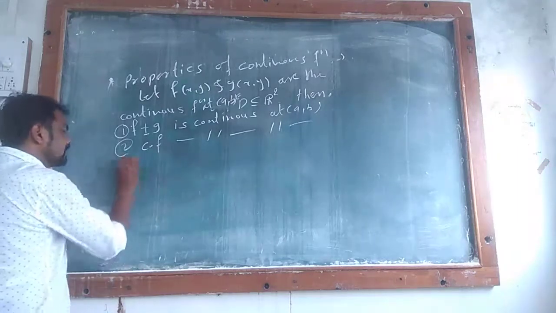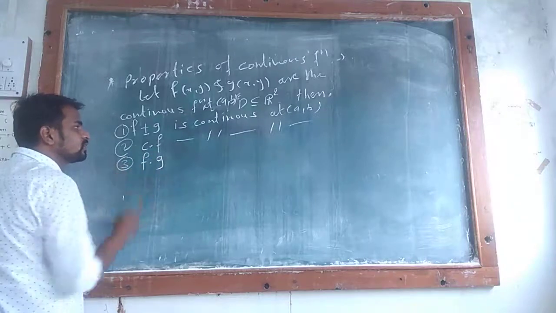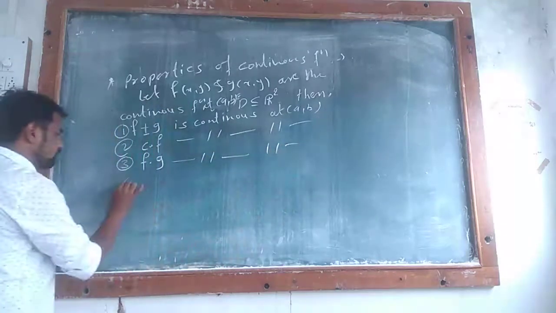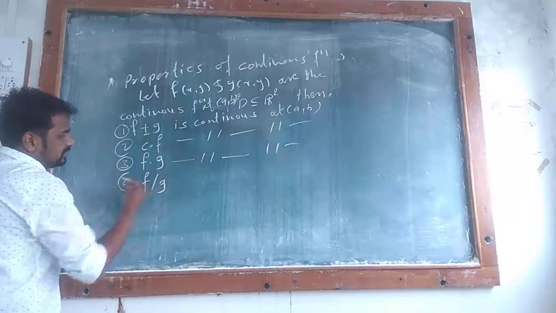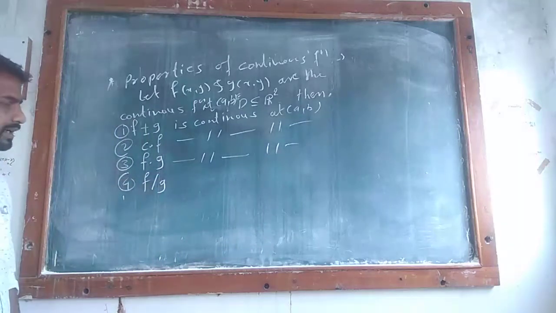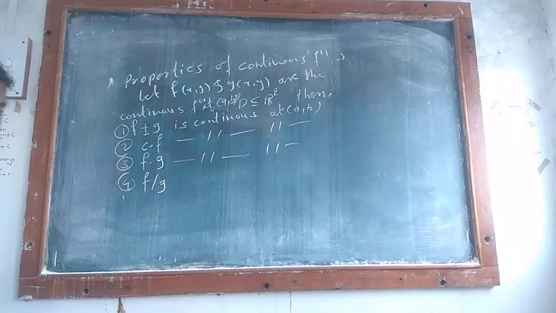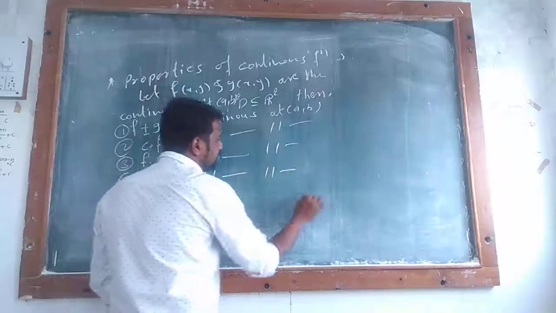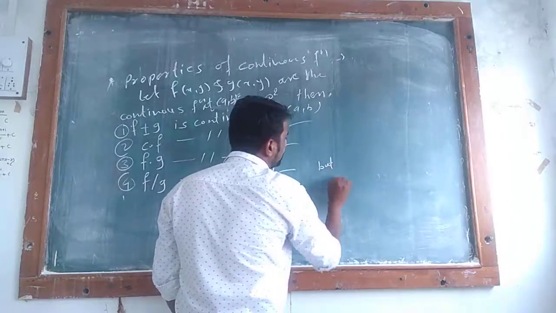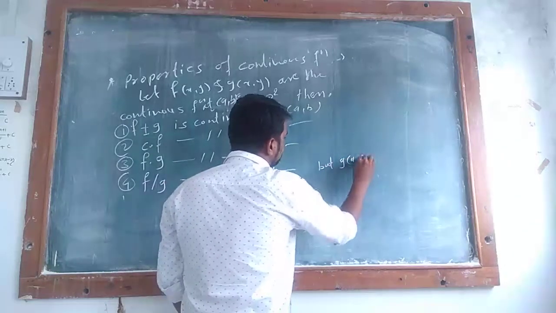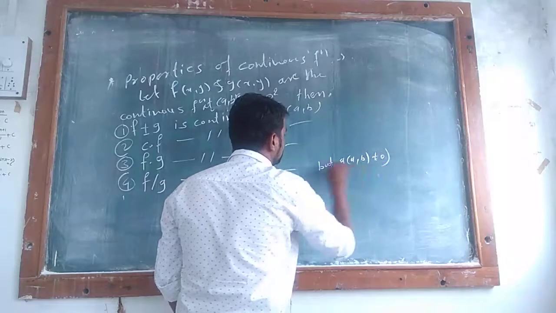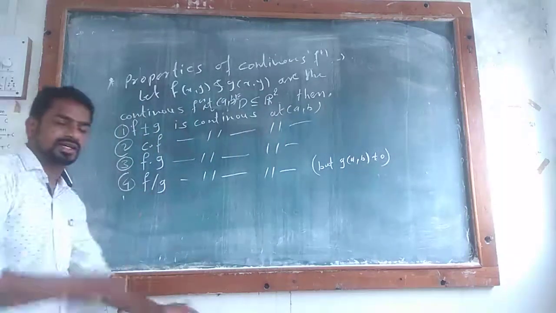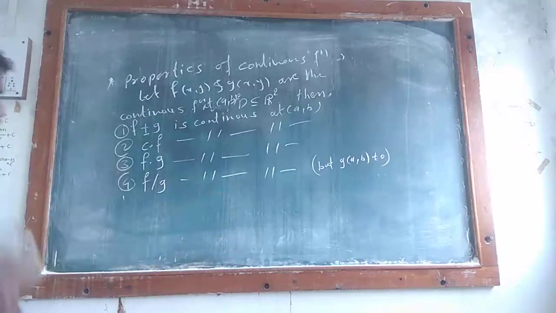Also, the multiplication of two continuous functions is again continuous. Fourth one is the division of two continuous functions, which is again continuous at (a, b), but here with only one condition: g(a, b) is not equal to 0, that is, the denominator is not equal to 0.